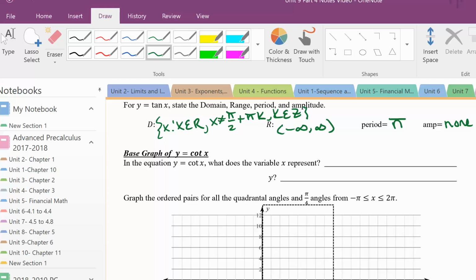Now, if you look at the cotangent, x represents an angle. The y represents the x over y ratio on the unit circle.